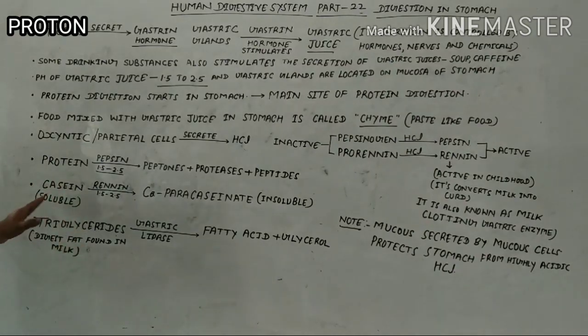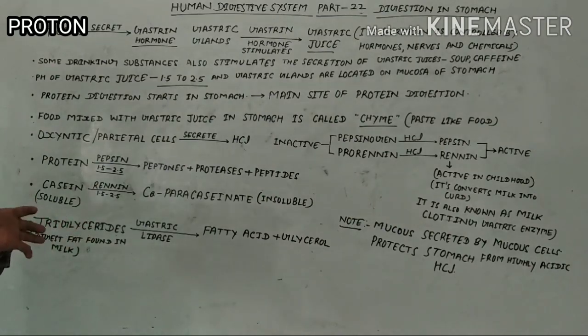Clear, students? So one more thing I want to tell you, that a very short amount of fat is found in milk. This form of fat is known as triglyceride.